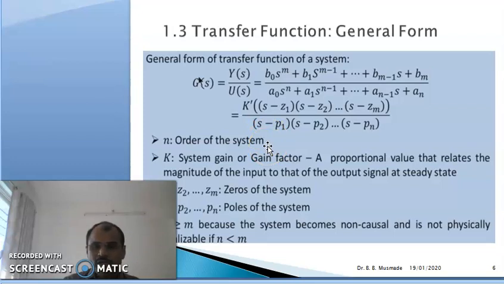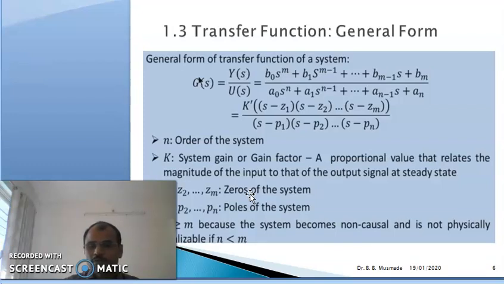We have static gain or DC gain of the system, and we have m zeros and n poles of the system. Now the requirement is that the number of poles should be greater than, or may be equal to, the number of zeros.